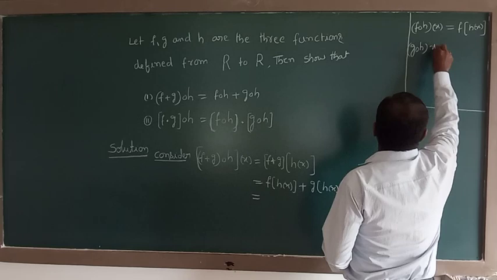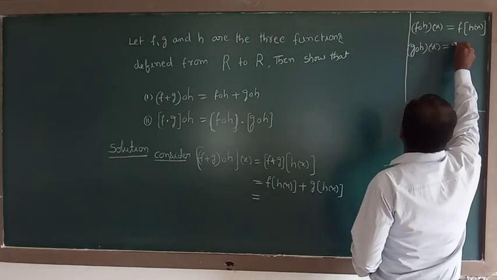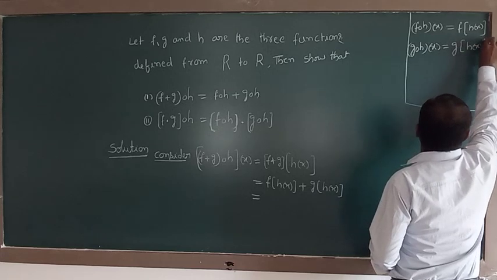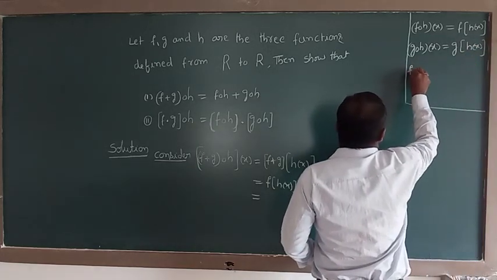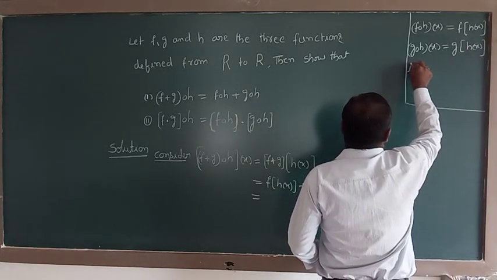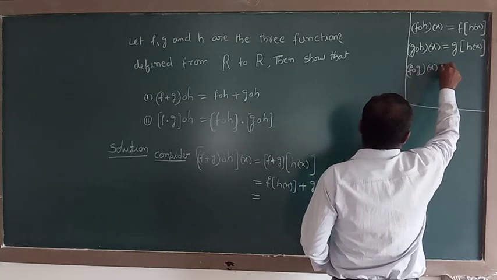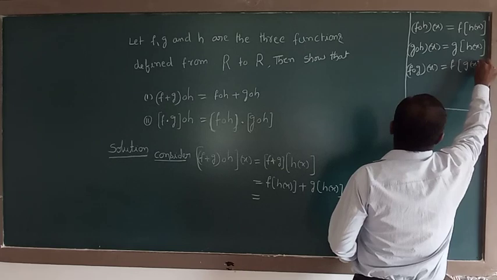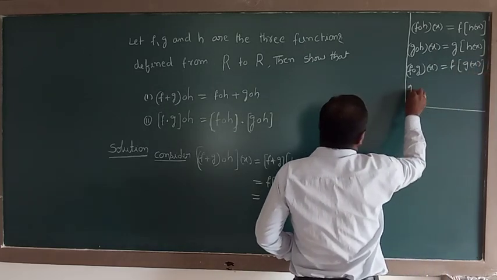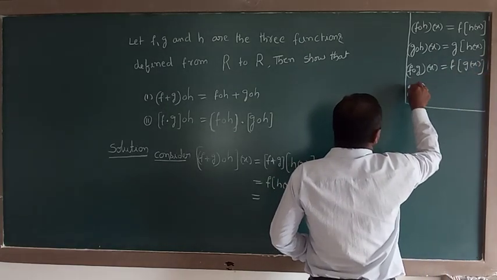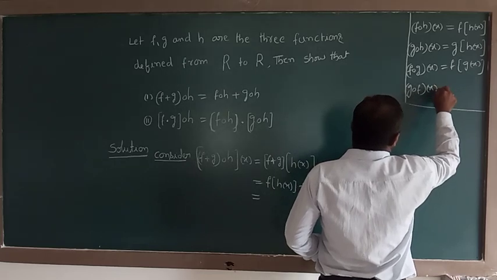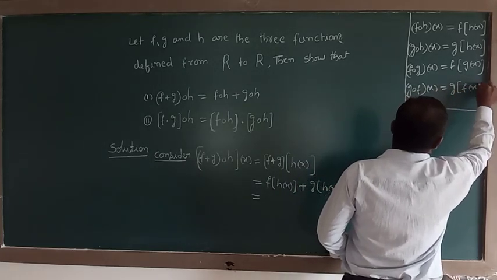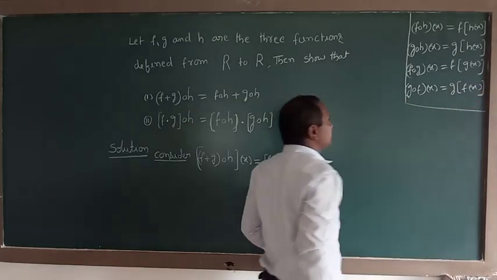G circle h of x is equal to g of h of x. F circle g of x is f of g of x, or g circle f of x is equal to g of f of x. Like that we defined different types of functions here.